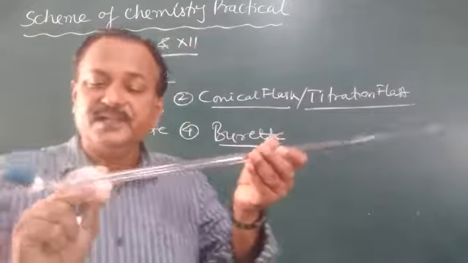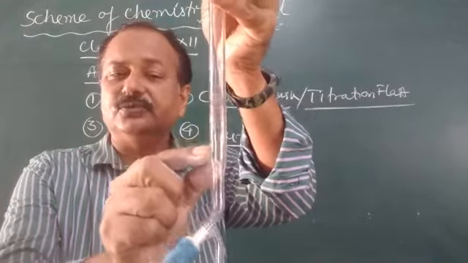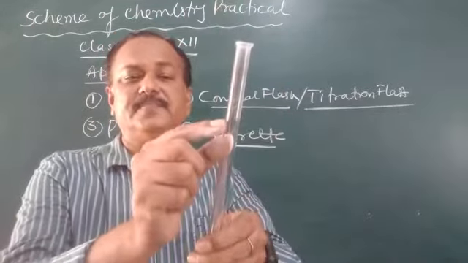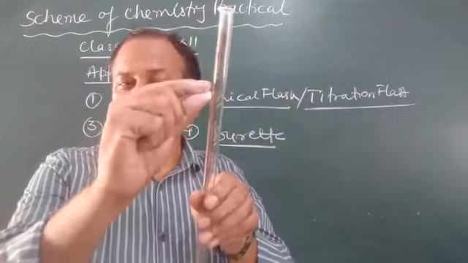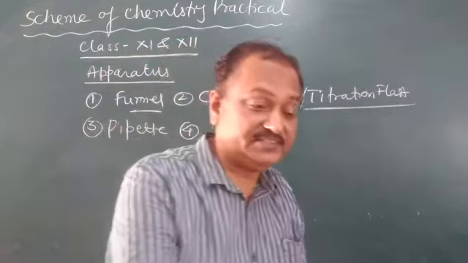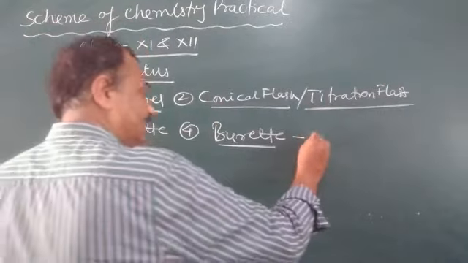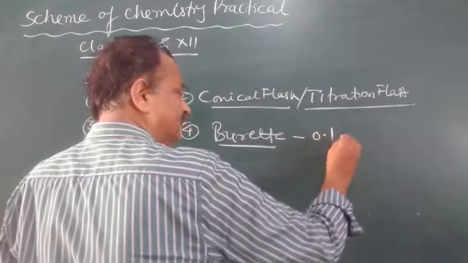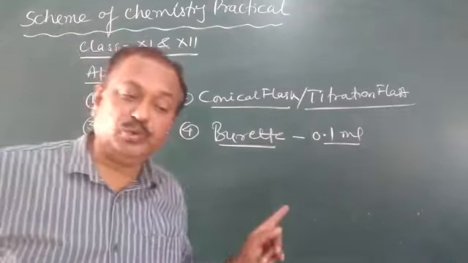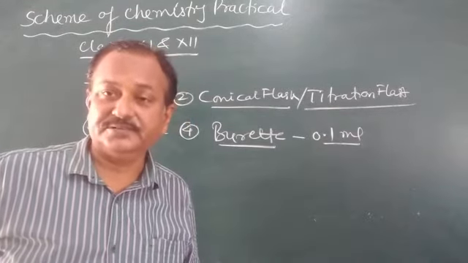See carefully, it is 50 here. It has a volume of 50 ml, and here it is 0 ml. From 0 to 1, it is divided into 10 parts. So this burette has the capacity to measure a minimum of 0.1 ml. This is the least count of the burette.